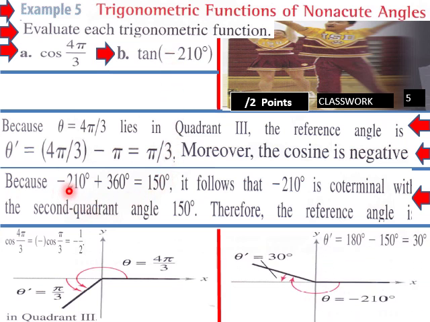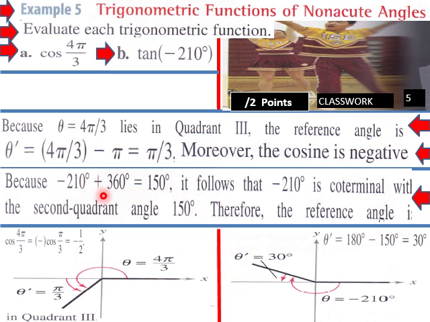And then tan of negative 210. Because negative 210 plus 360 equals 150, we are going this way now. Negative 210 would be 180 plus 30, which would be right here. So your theta prime would be 30 degrees, because you're 30 degrees beyond your reference angle at pi.